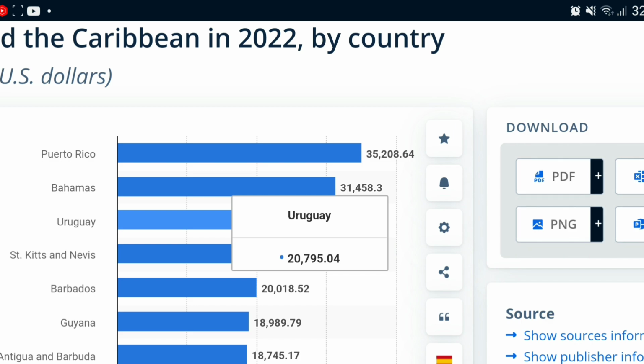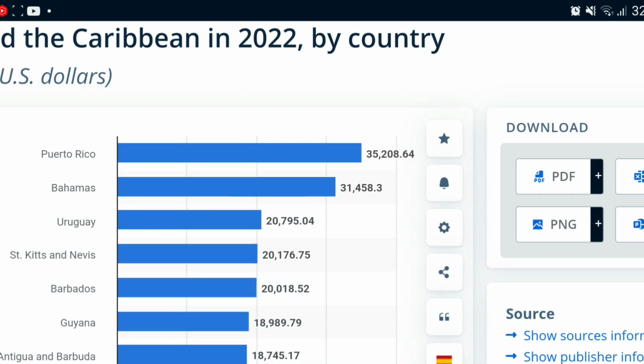And when you compare it to places like the Cayman Islands, which had a per capita income in 2023 of $99,000 US, their GDP in 2023 was 7 point something billion US dollars, while Jamaica's is 17.1 billion.